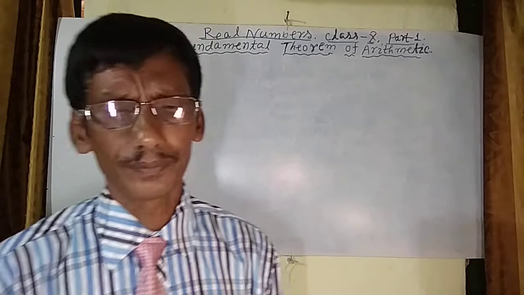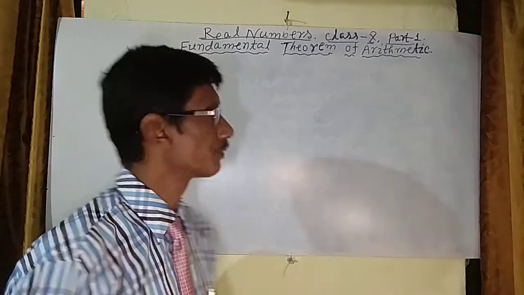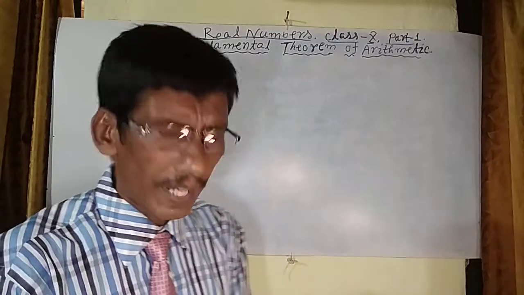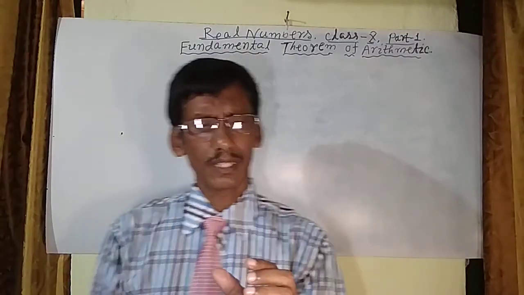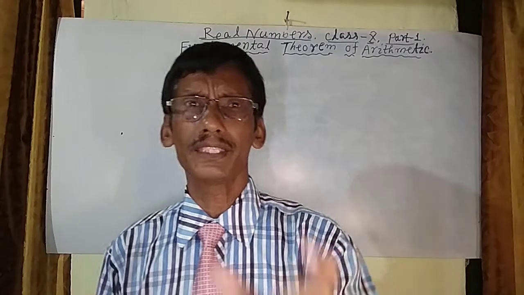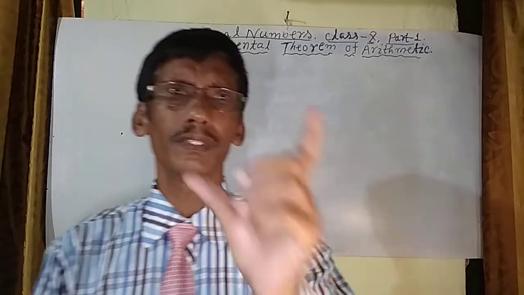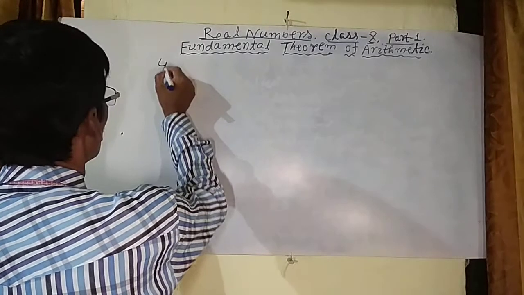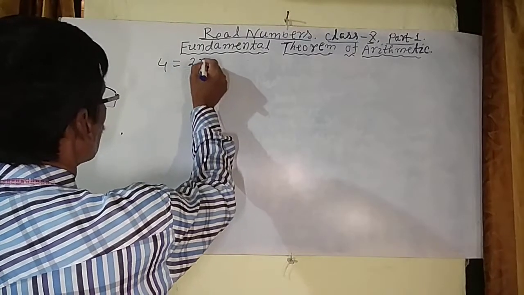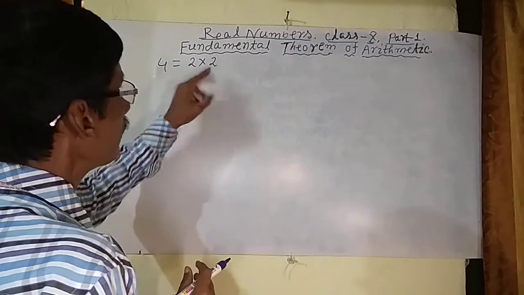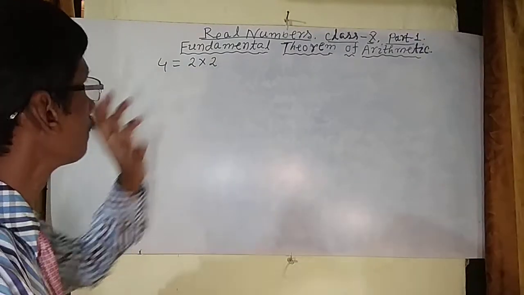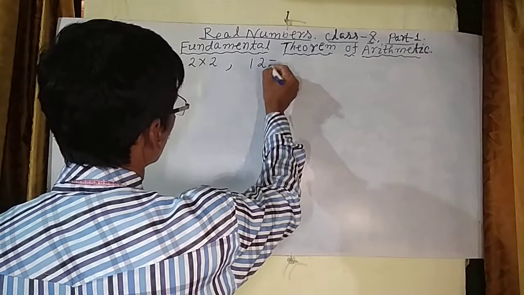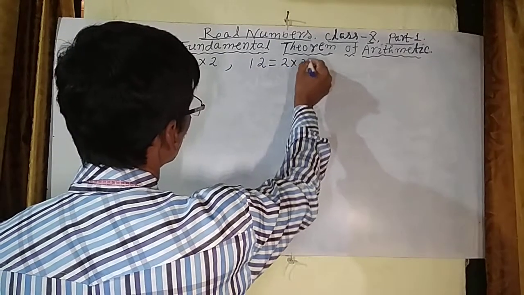For instance, 4 equals 2 multiply 2, and both are prime numbers, and 12 is equal to 2 into 2 into 3.